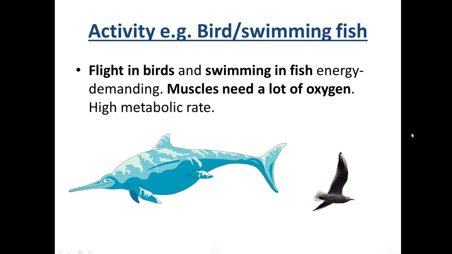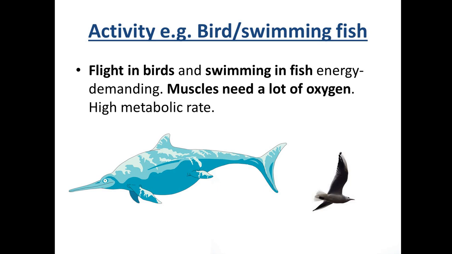Other things that will have a curve that shifts to the right is anything that is quite active. So swimming fish, because they are constantly needing oxygen for their muscle contraction, will have a lower affinity for oxygen. It will move to the right. Also flying in birds, because they're very active, that means that the Bohr shift is going to move to the right, so that it has a lower affinity for oxygen to give off the oxygen to the tissues.